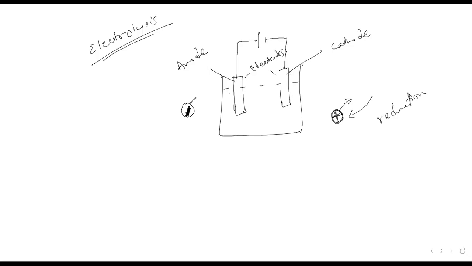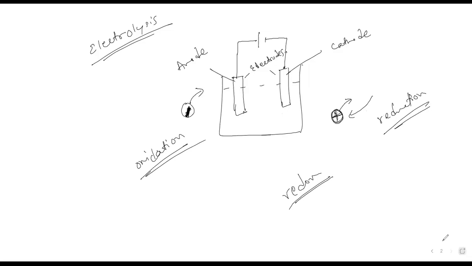That means it tends to lose electrons. So loss of electrons is what? Oxidation. Since both oxidation and reduction are occurring, the reaction that occurs in the electrolysis process is known as a redox reaction. We already know redox is what? A reaction where both reduction and oxidation take place.